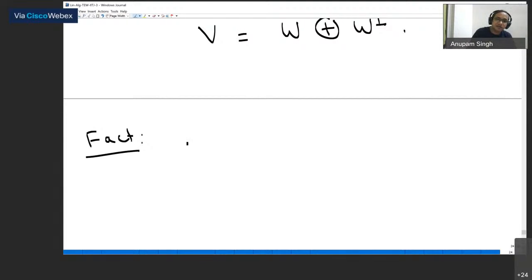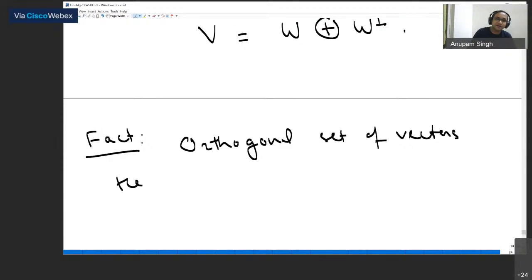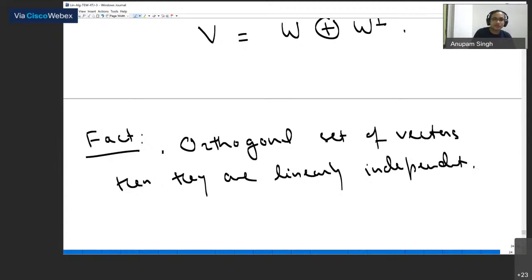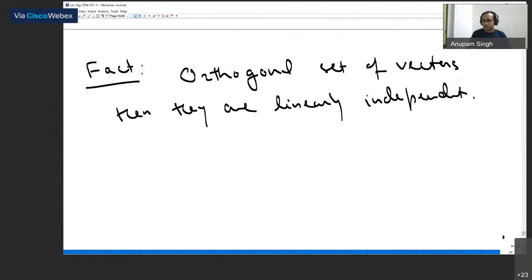If I take an orthogonal set of vectors, then they are linearly independent. If I take any orthogonal set of vectors, they are always linearly independent.